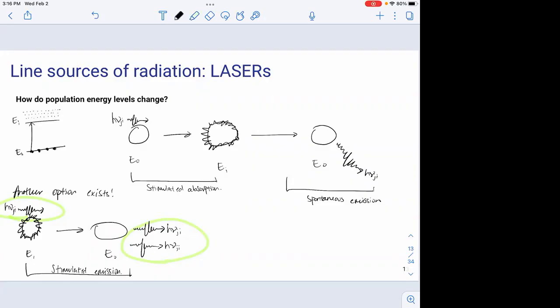So what's important to note is that emitted photons in this paradigm of stimulated emission are in phase with each other. They have the same polarization.